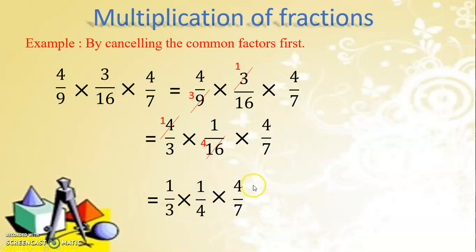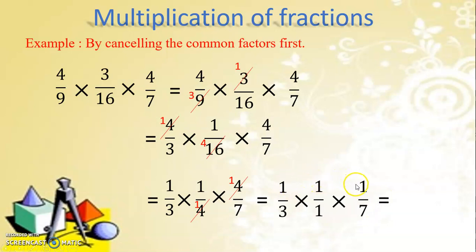Next, there is still a number that we can simplify by the common factor, which is 4 and 4, diagonal. So 4 divided by 4 is 1 and 4 divided by 4 is 1. Now let us write it again. 1 over 3 multiplied by 1 over 1, multiplied by 1 over 7 is equal to.